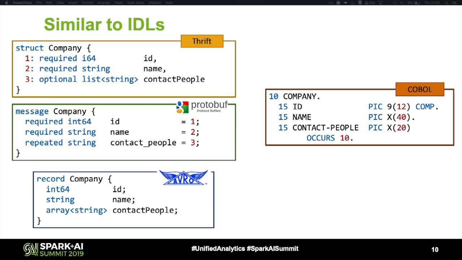So you can view a copybook as another interface definition language, similar to network protocols such as Thrift, Protobuf, and Avro. The difference is in design, of course, because the network protocols were designed to be flexible, with schema evolution and simple types, and COBOL is designed to be easily used in COBOL for efficiency and efficient storage as well.